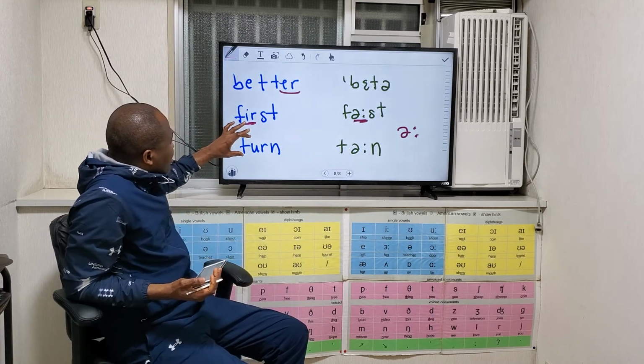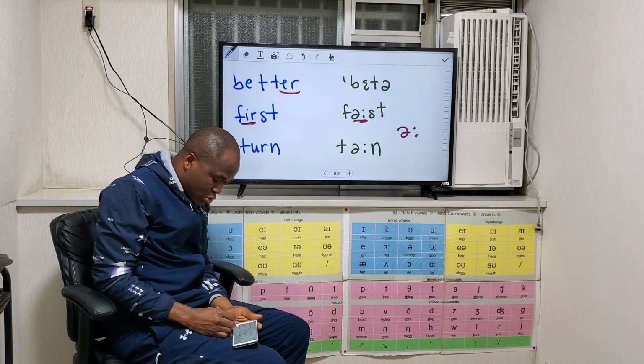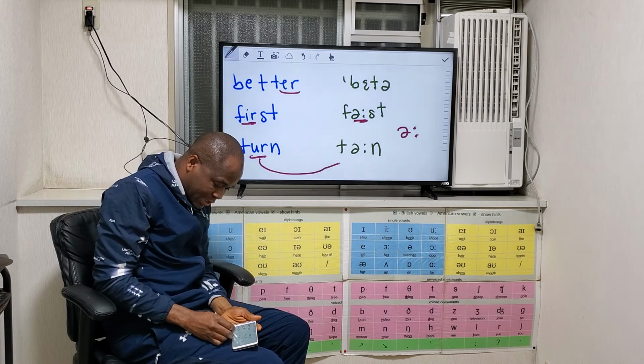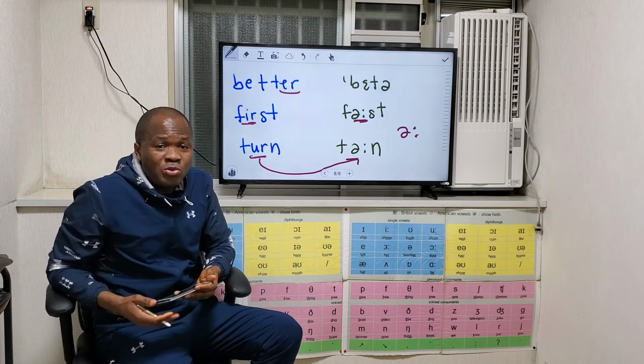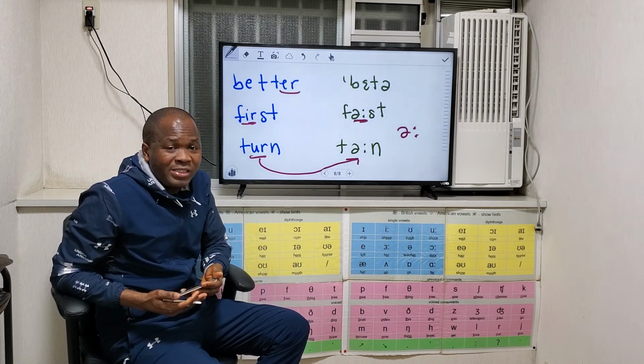The next one is turn. That's the UR. So the UR is also creating the same sound that our first ER control vowel created for us. The same sound.